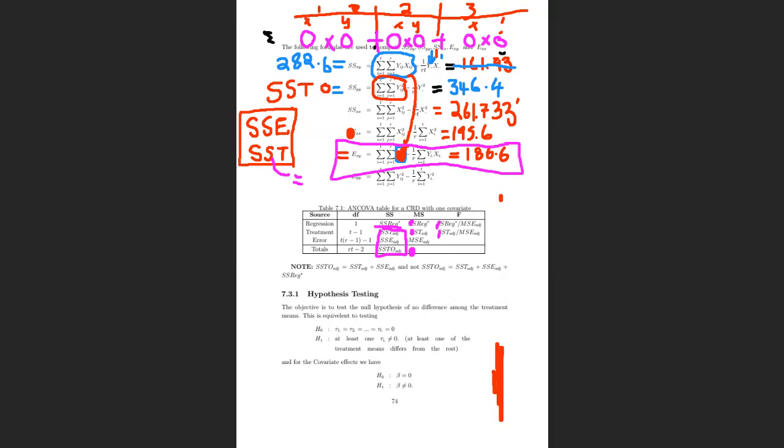There is no difference. I was saying, for each note, there is no difference between the treatments. Okay.